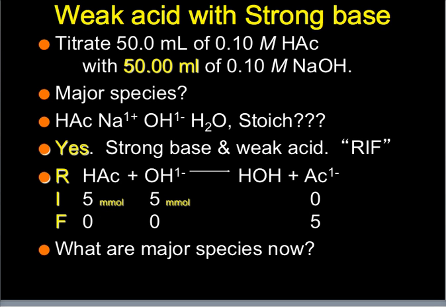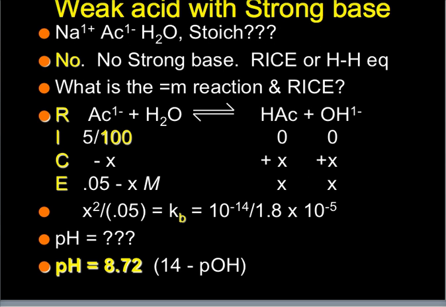And then finally, when you have 50 milliliters of base added to the acid, all of the acid has reacted. So all you have is the conjugate base. At the equivalence point, you don't have a weak acid anymore. You only have the conjugate base. This is a slightly different setup, because now all you have is the conjugate base.